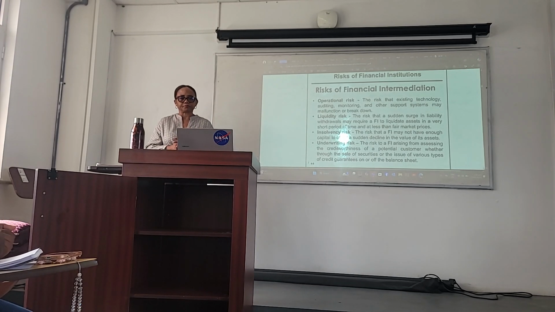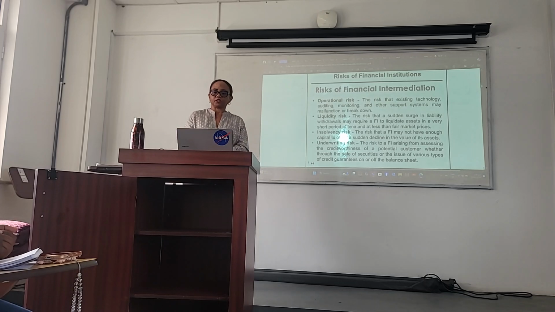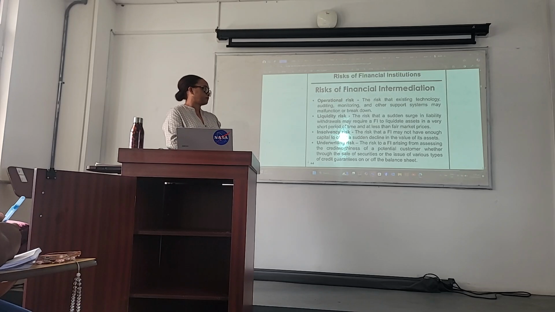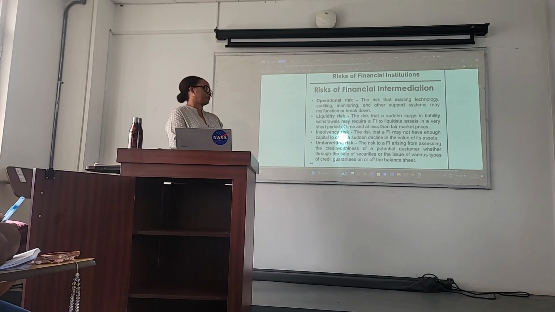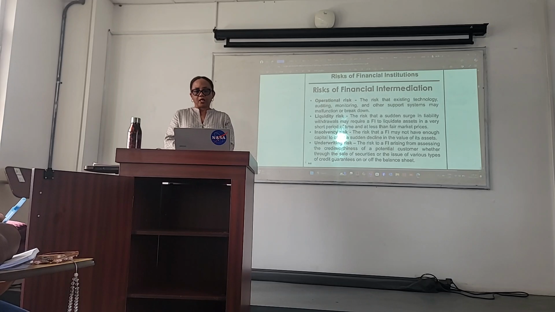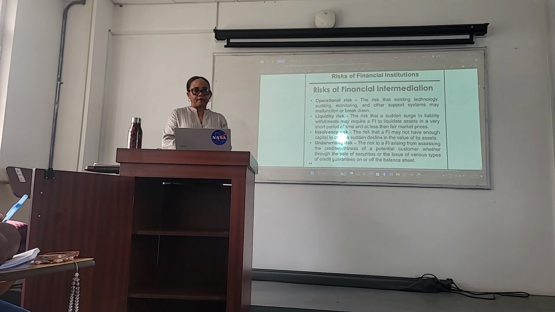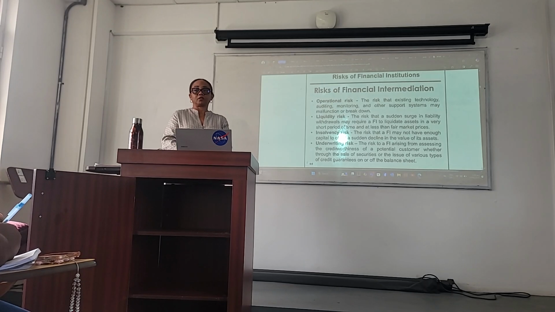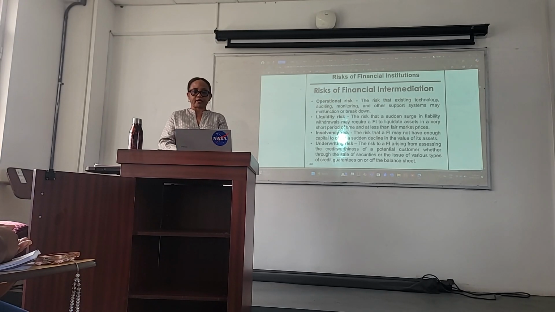Underwriting risk, the risk to a financial institution from assessing the creditworthiness of a potential customer, all right? And in assessing the creditworthiness of the customer, you make errors. So that's a risk of underwriting.